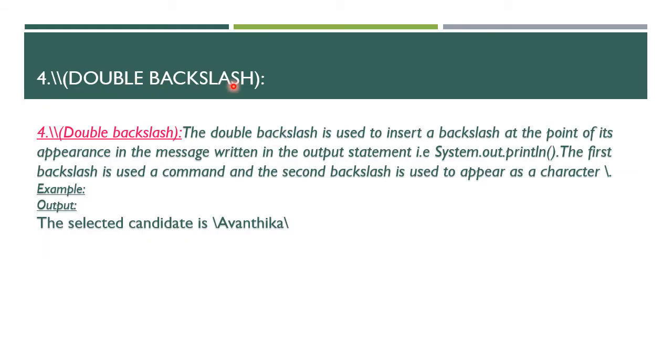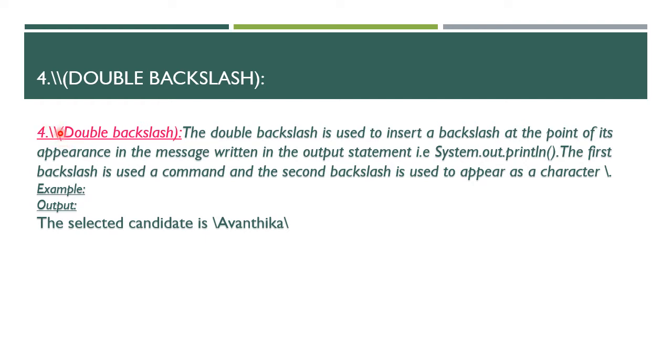Double backslash. Double backslash is used to insert a backslash at the point of its appearance in the message written in the output statement. In this double backslash, the first backslash acts as a command to the cursor, and the second backslash will be printing the actual backslash.